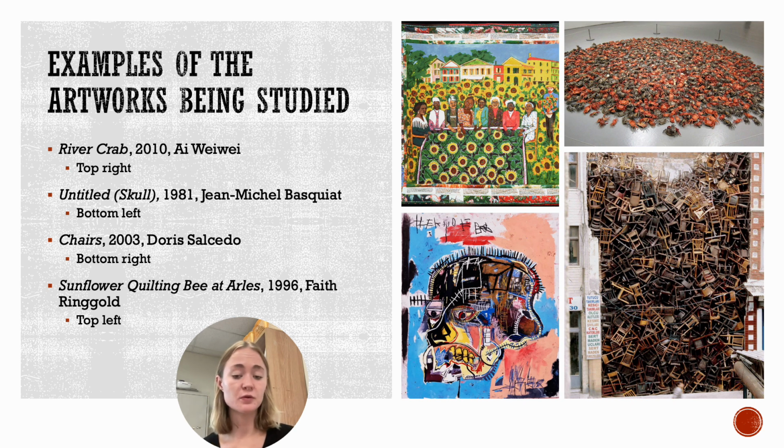It's addressing the 2 effects of wartime violence, which are chaos and absence. And then the Sunflower Quilting Bee of Aros is 8 powerful Black women with a 9th fictional, where they are displaying a colorful quilt as a communal symbol of their achievements.